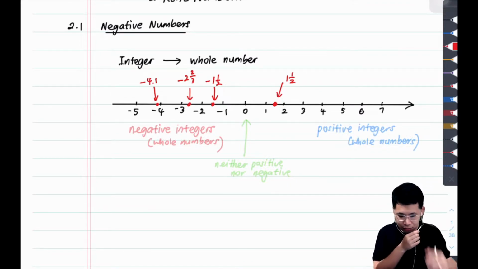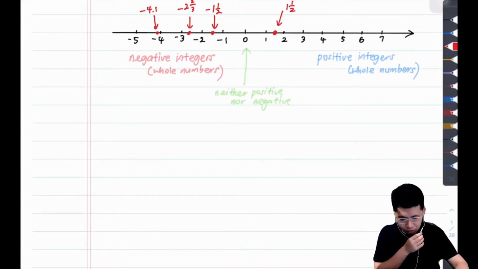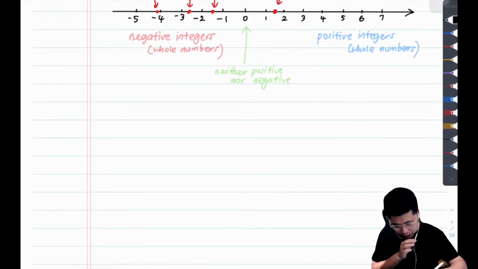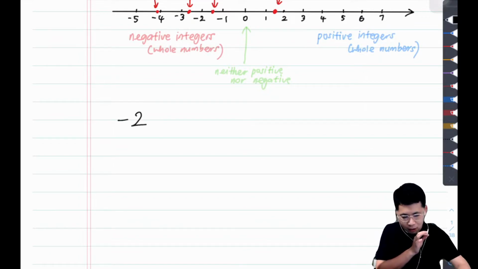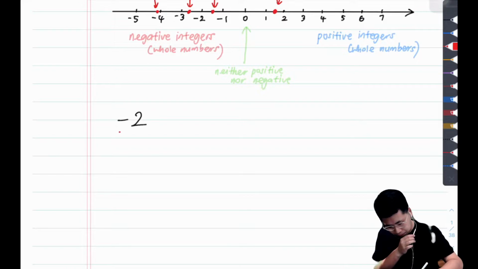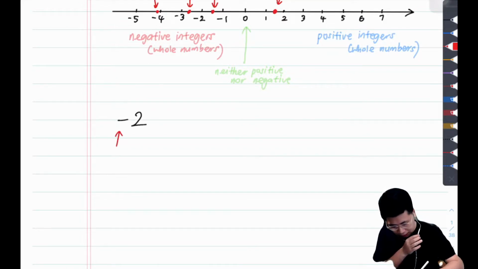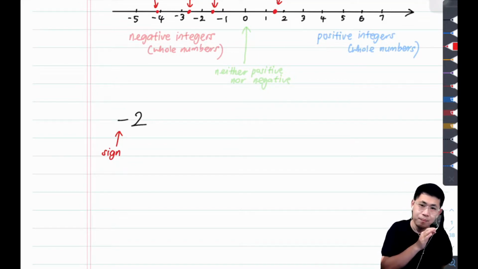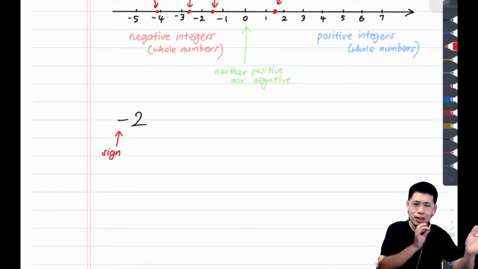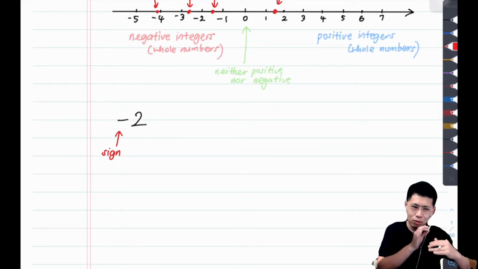So when we write our negative numbers, we will usually do, for example, a negative 2 like this. This negative is actually a sign. We call this a minus sign or negative sign. This sign tells us the direction, whether it's above or below, that kind of thing.